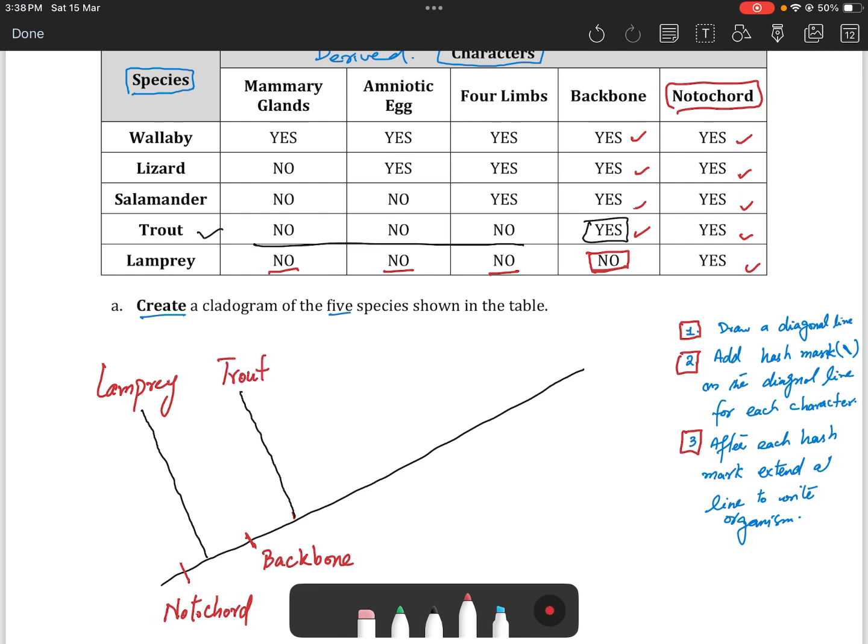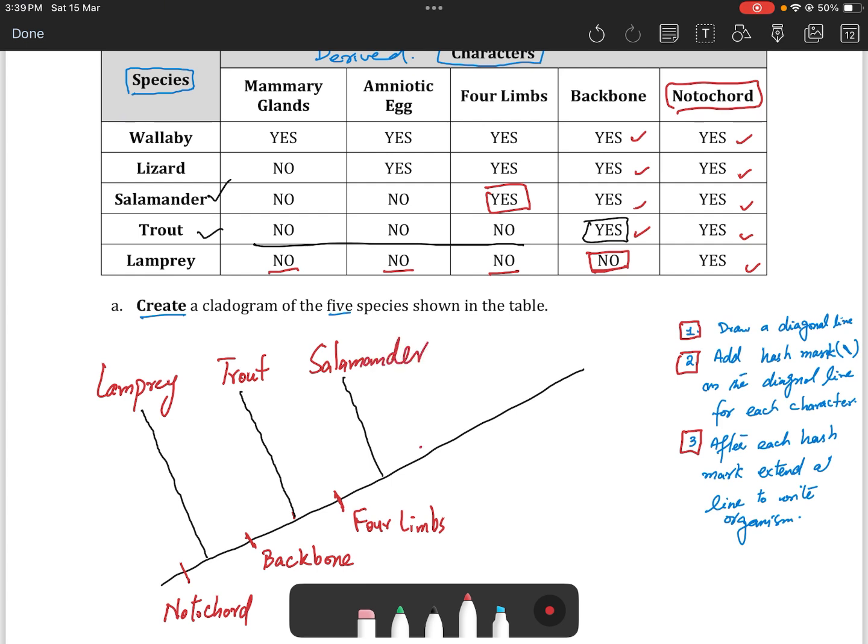Then again, same thing, repeat hash mark, and the next character that you see over here, yes, that is the four limbs, and then you will extend one line. Who has four limbs? It's the salamander. So we will put salamander.